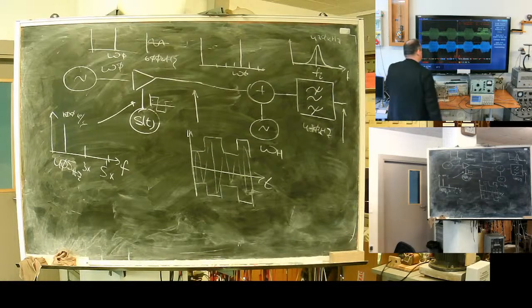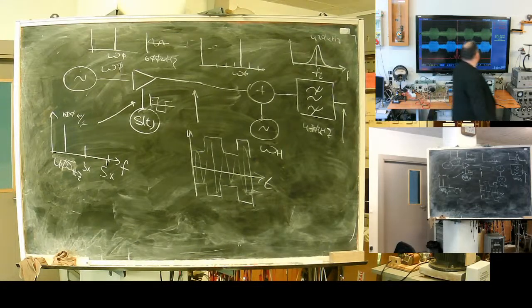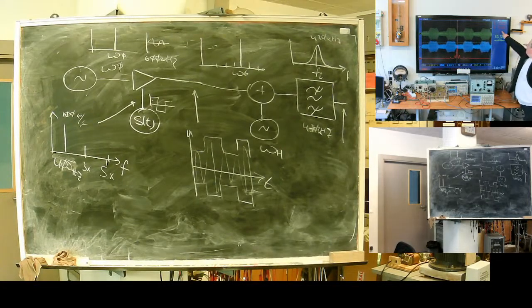And now the spectrum of the yellow line. One moment, cursor. Do you see this? 472. Well, actually, it's 407. You see what happened?